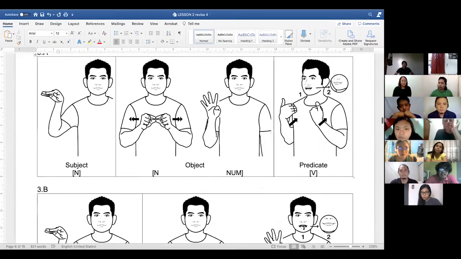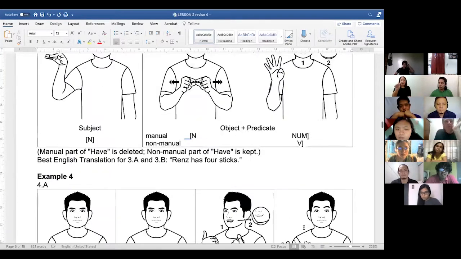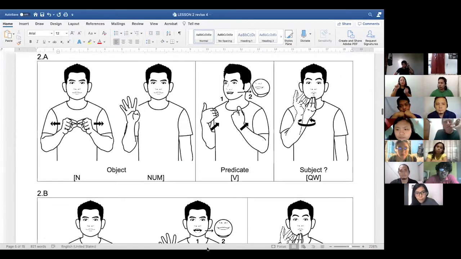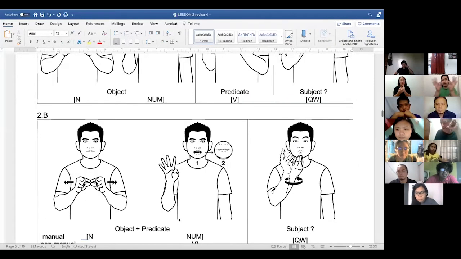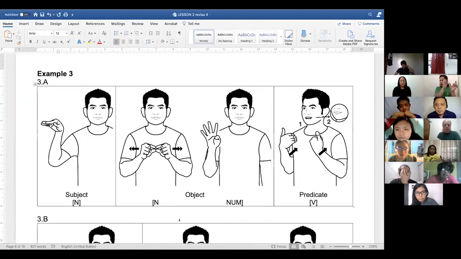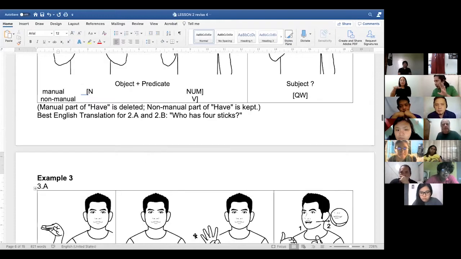So 4A should be okay, but 4B needs to be changed. Subject, verb, object. So it's now Go subject, object. Is that 3B, 3B.